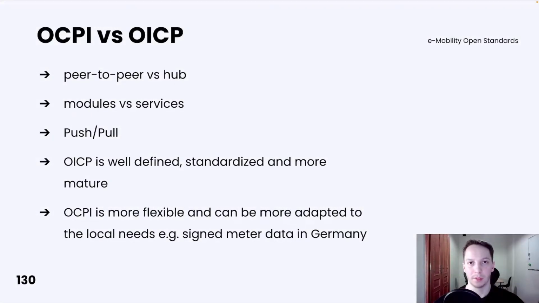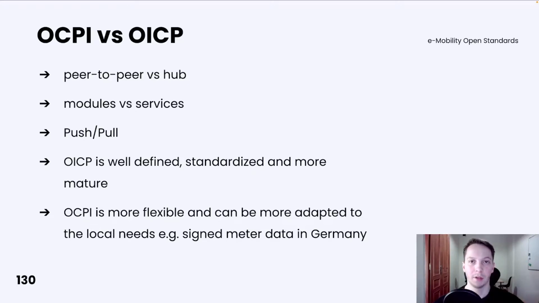The next difference is the modules versus services approach. In OCPI, you have multiple modules. Each module covers a complete functionality over a specific aspect, for example, charging sessions. The division of the previously mentioned aspects is more granular, therefore it is more flexible.